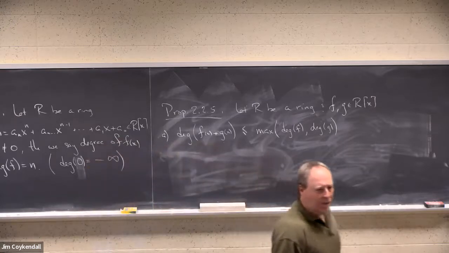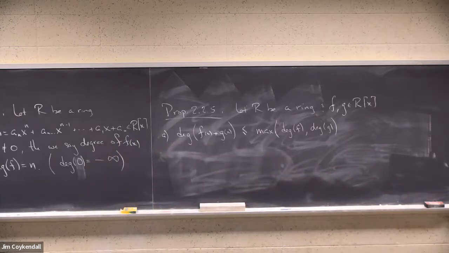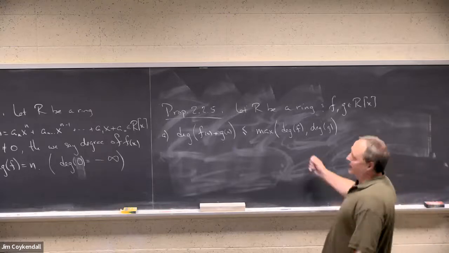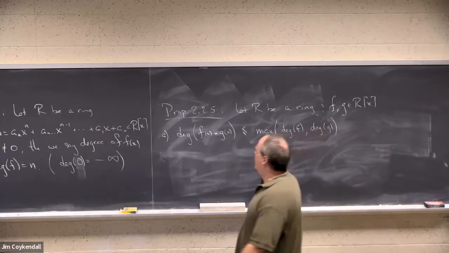So intuitively, here's what can happen. When you add two polynomials, their degree certainly doesn't get bigger than the max, right? But you might have the leading terms accidentally cancel out, dropping the degree down. And notice this incorporates the negative infinity quite well.